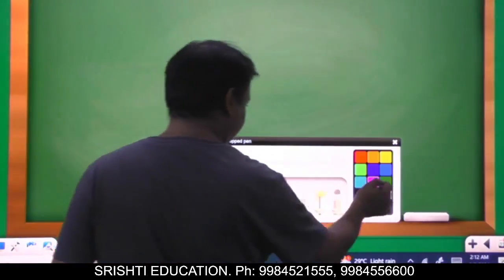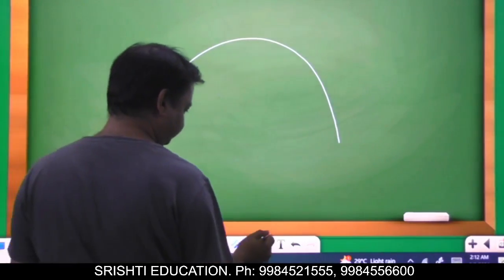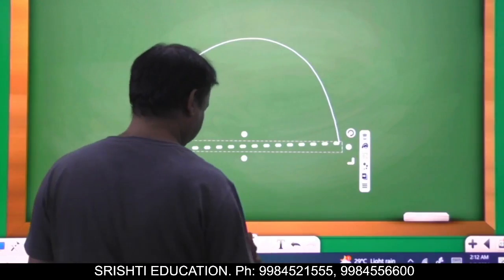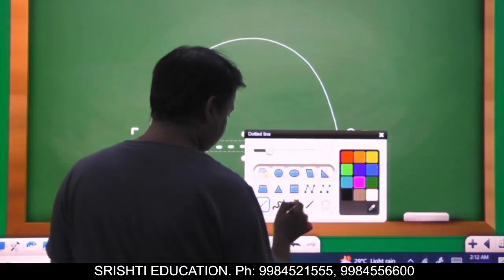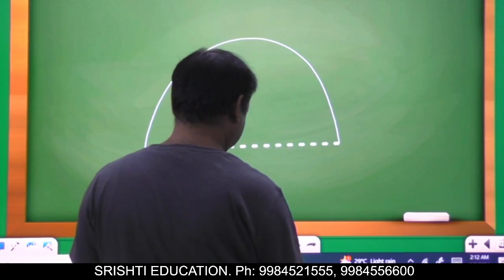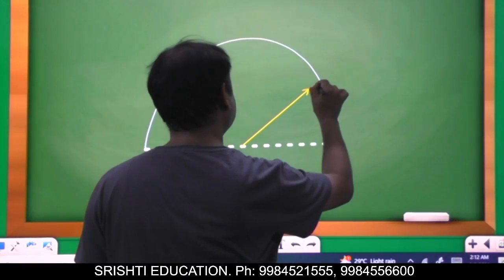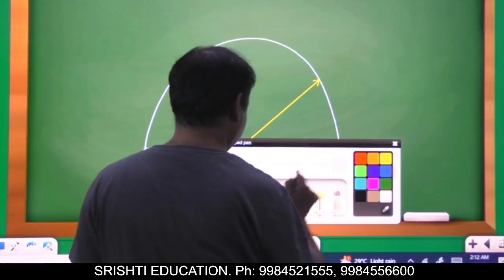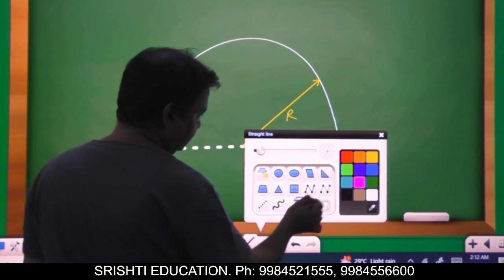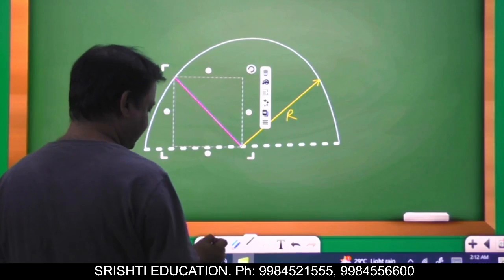Now suppose we have a semicircular ring of radius r, and you are given this angular position of a point.